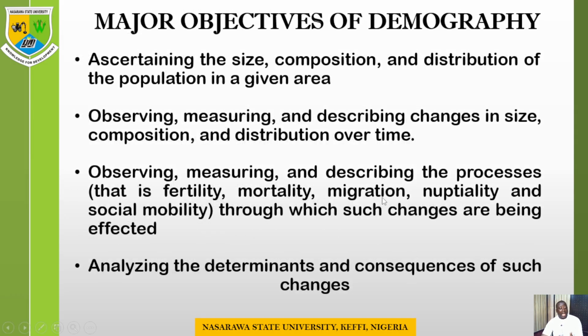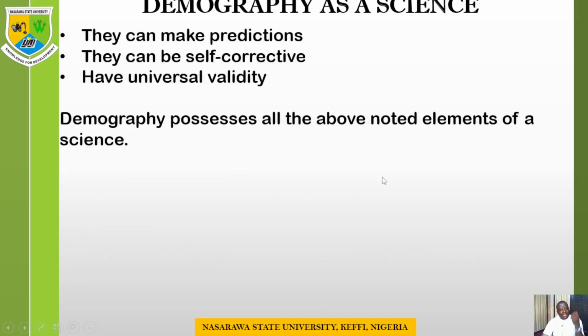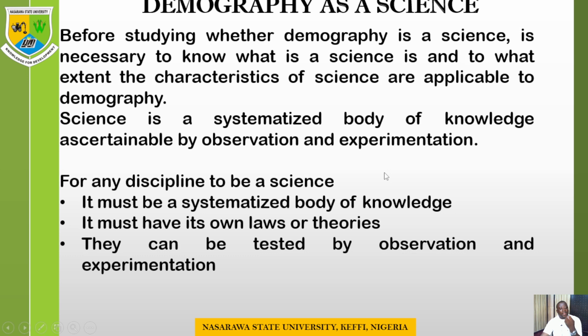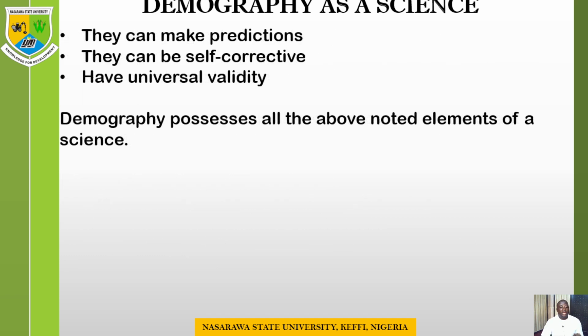Ladies and gentlemen, you can now see that demography is a science, because it possesses the same elements that science does: a systematized body of knowledge, its own laws, it can be tested by observation and experimentation, it can make predictions, it is self-corrective, and it has universal validity.